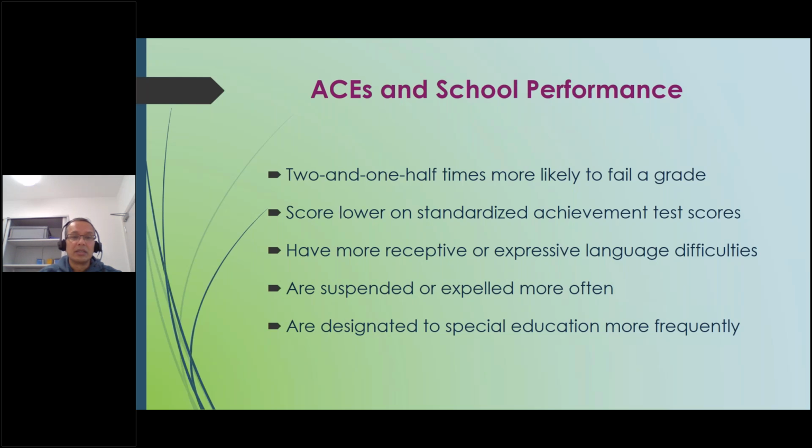They're not interested. They dissociate or disconnect, and they're suspended or expelled from school. They have greater difficulty listening to what's being taught, and even understanding and making sense of it. So these are some of the effects ACEs can have on education.